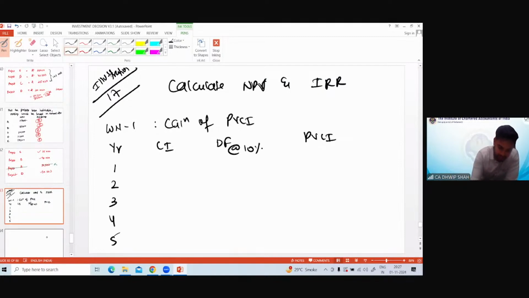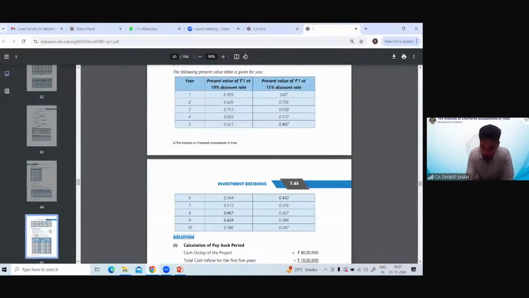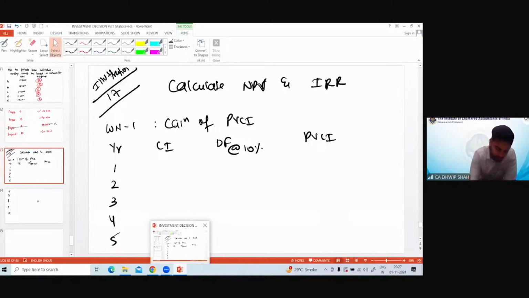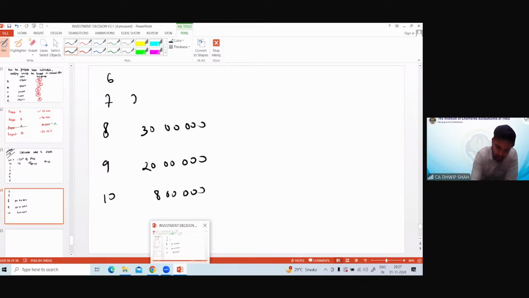I think you can try this on your own as well. For years 9 and 10, the cash inflows: 14 lakh up to 5 years, then 8, 20, 30, 20, 16.